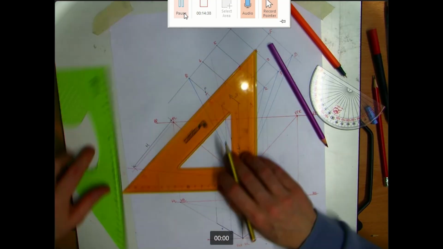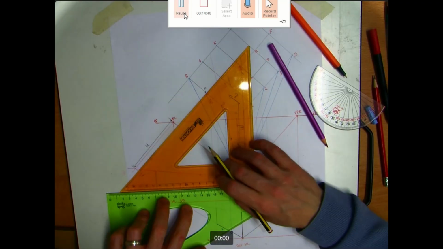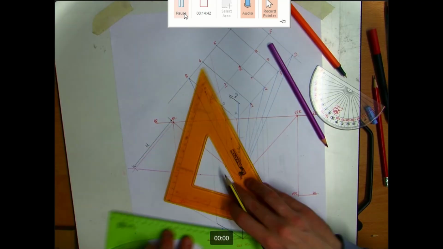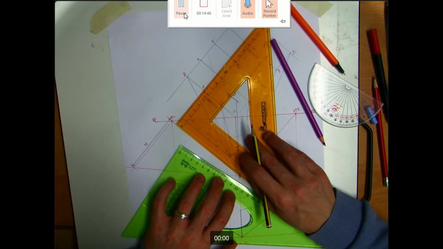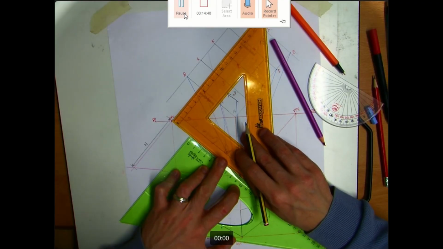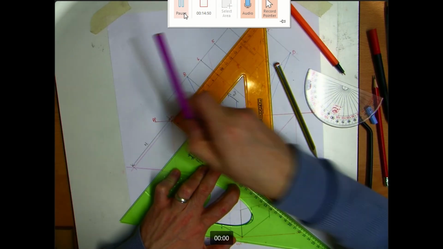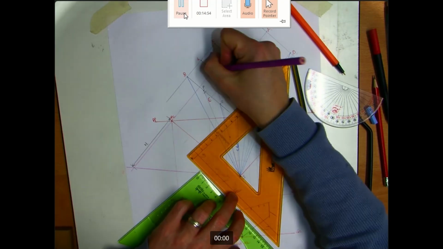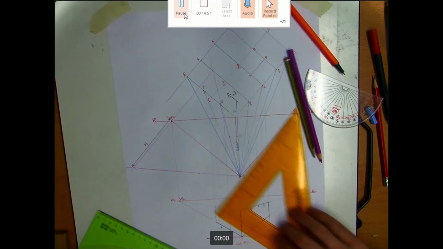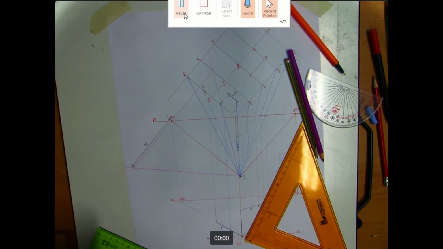Okay, if I went this way as well, it would give me the exact same information. So if I went from here, got that purple line, that would be the exact same measurement. So I'm now going to take that measurement with my compass.